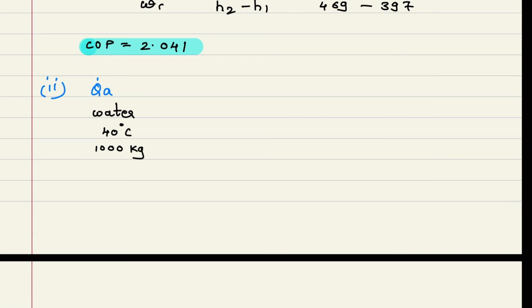Then water will be at 0 degrees Celsius, mass is 1000 kg; here we are considering the same mass. Then ice is there at 0 degrees Celsius and the same mass, 1000 kg. Then ice temperature finally is minus 10 degrees Celsius.